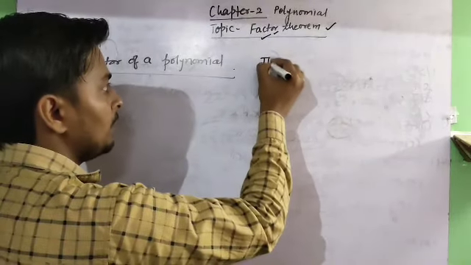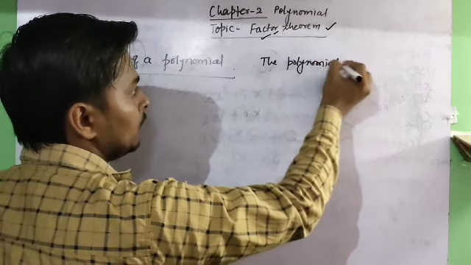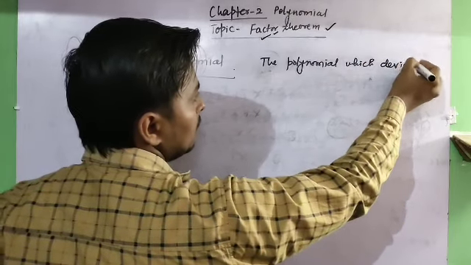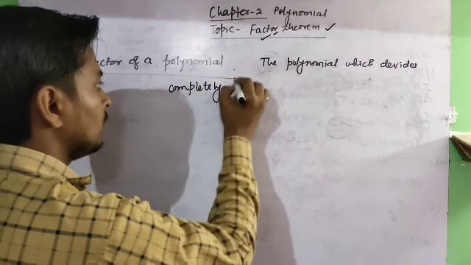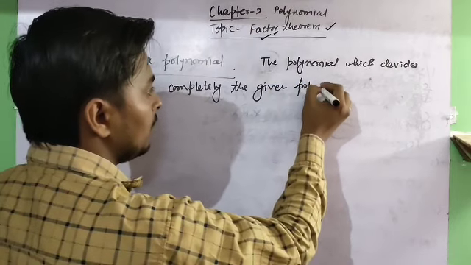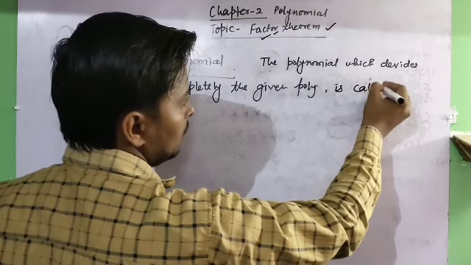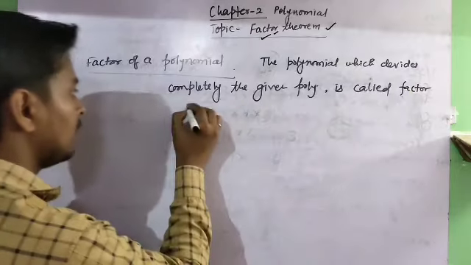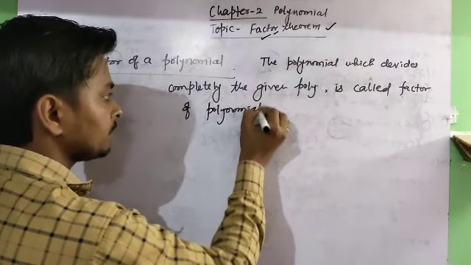The polynomial which divides the given polynomial completely is called a factor of the polynomial.